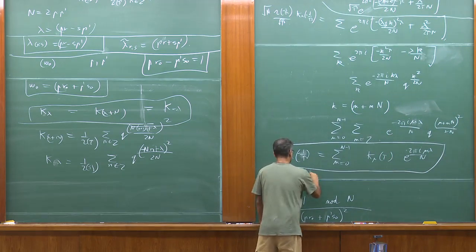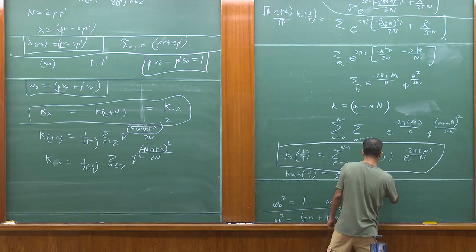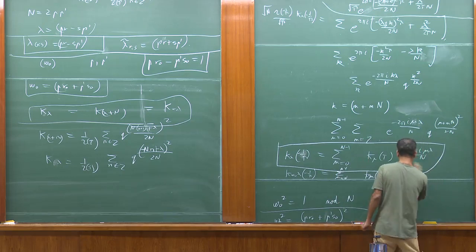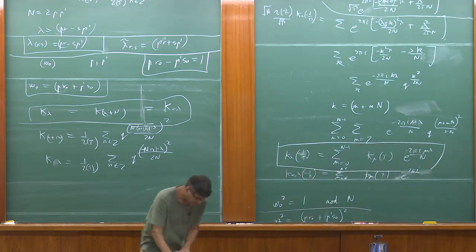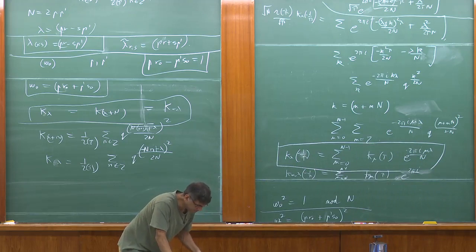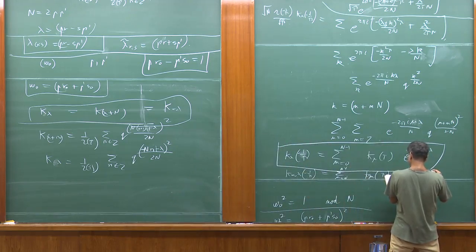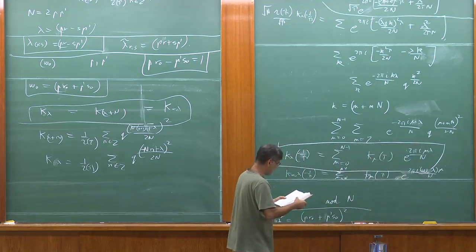Now, a very similar analysis tells you the same thing for k omega naught lambda. Just repeating the analysis, minus 1 by tau is equal to the sum over mu from 0 to n minus 1, k mu of omega naught mu of tau, e to the power 2 pi i omega naught lambda mu by n.